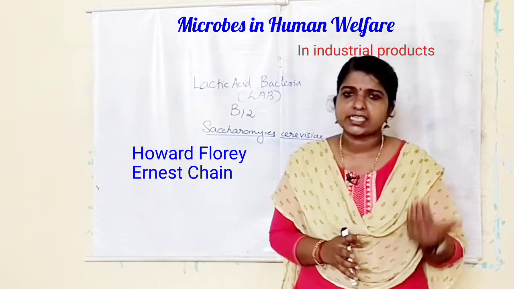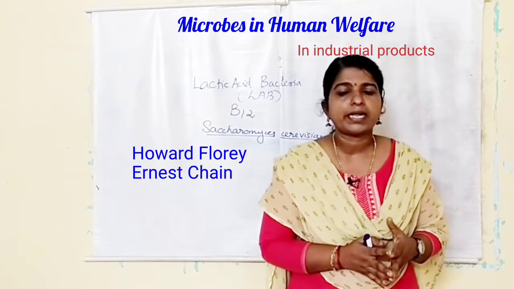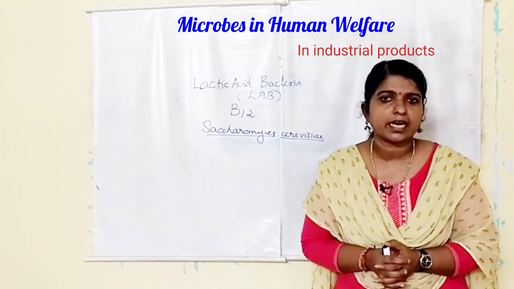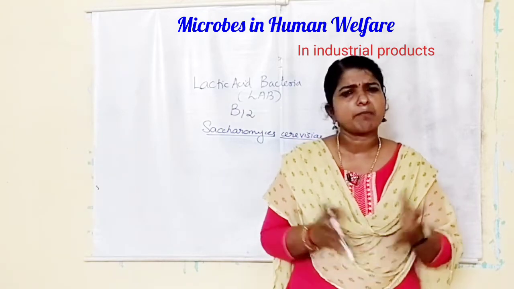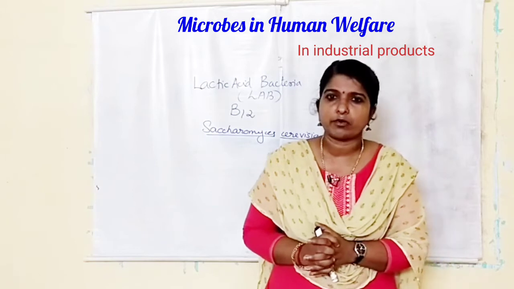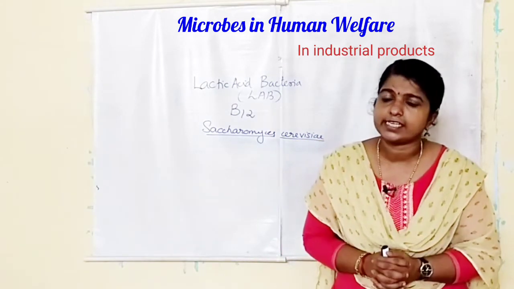So later Alexander Fleming along with Florey and Chain was awarded the Nobel Prize in 1945. Nowadays a number of antibiotics are available: ampicillin, tetracycline, terramycin. And we cannot imagine a world without antibiotics because these antibiotics save us from a number of diseases.